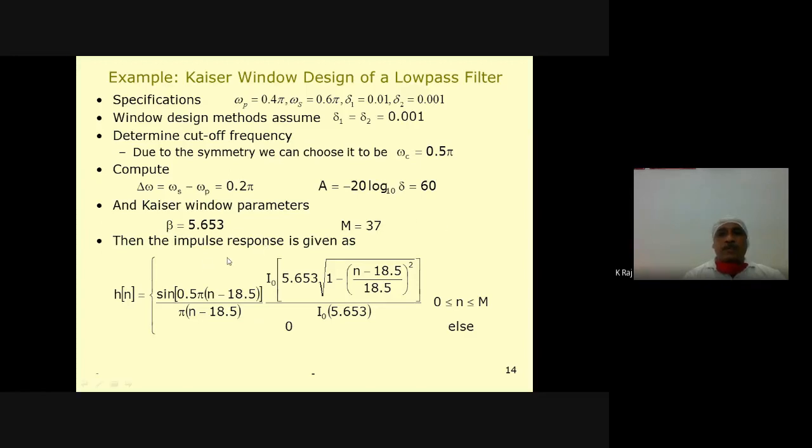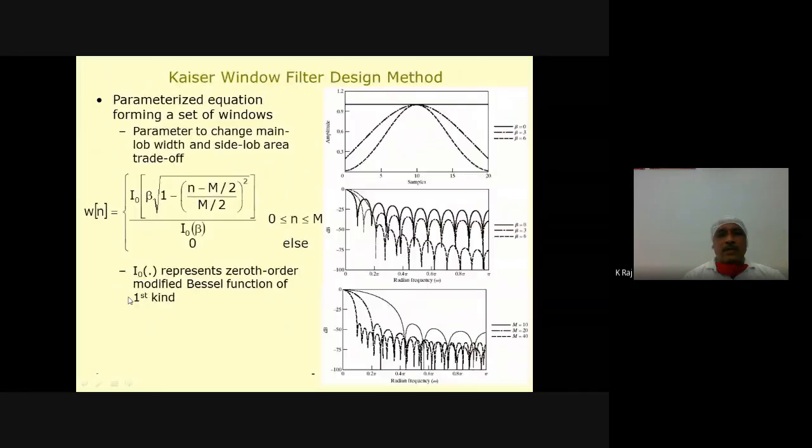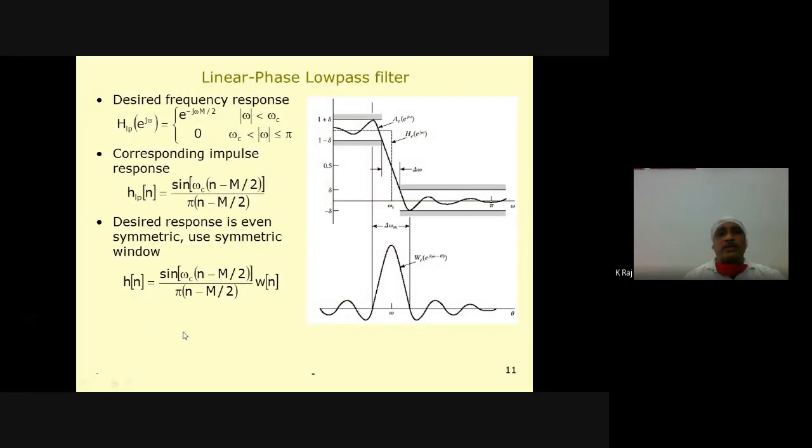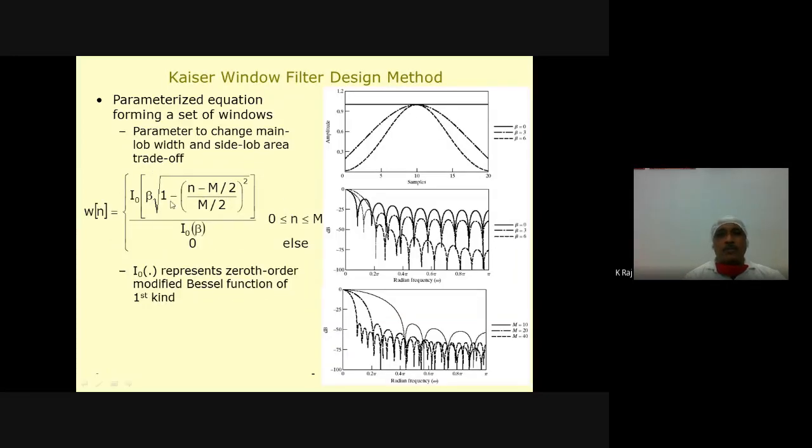After getting these values, now we will describe h[n]. Again, h[n] is a multiplication of these two functions: sin(ωc(n − M/2)) / (π(n − M/2)), that is the symmetric representation of the ideal filter having a gain of 1, multiplied by w[n]. w[n] is the window, and for the window we will utilize this formula that represents the zeroth order modified Bessel function of the first kind.